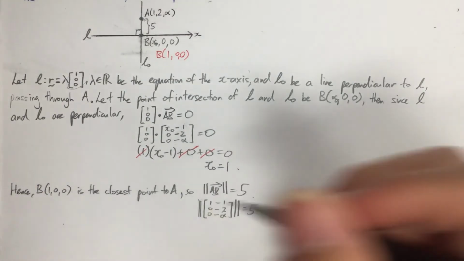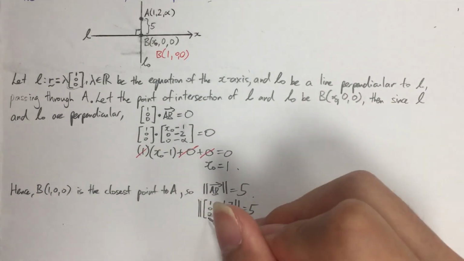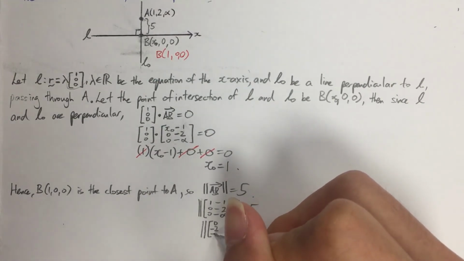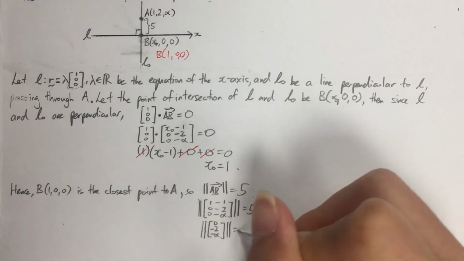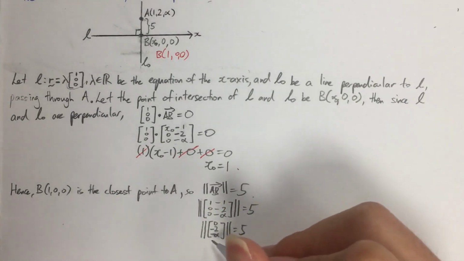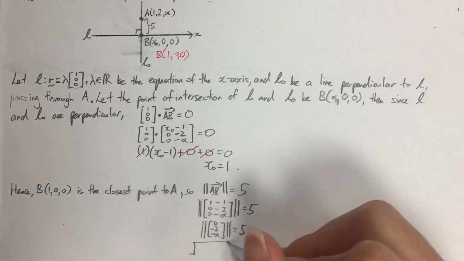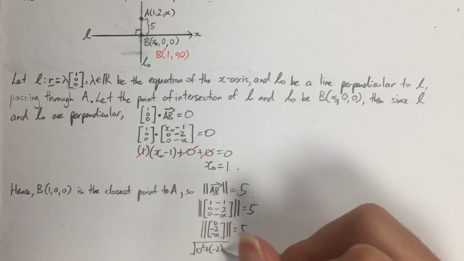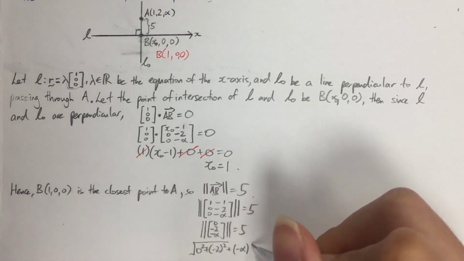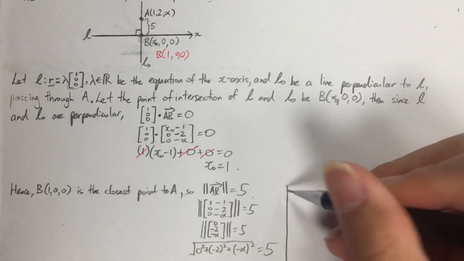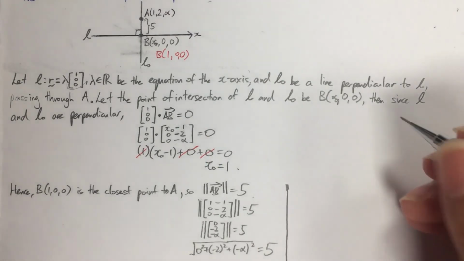If we just do the arithmetic, this is going to be (0, −2, −alpha), and the length is 5. If we use the Pythagoras theorem to find the length, this is the square root of 0 squared plus (−2) squared plus (−alpha) squared, equals 5.